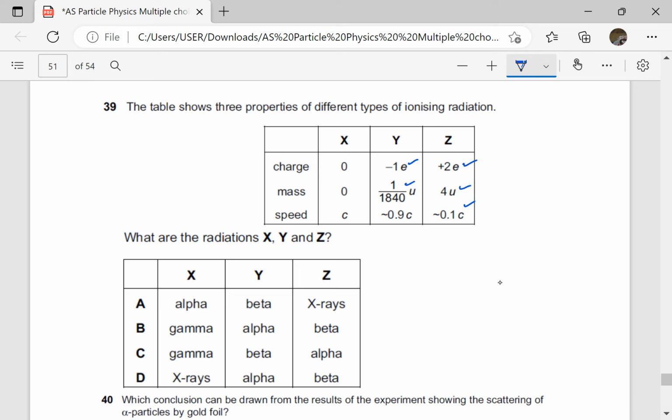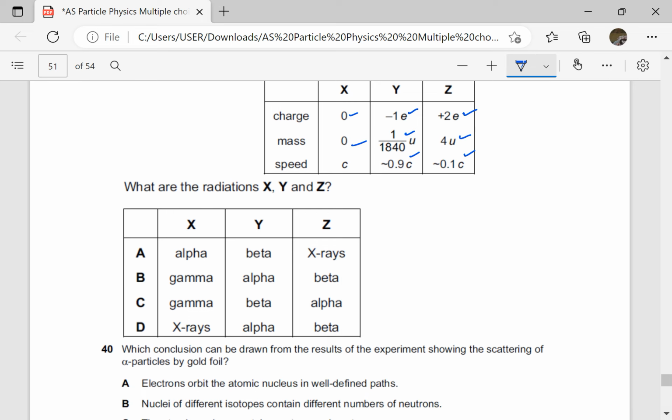This one must be fast moving electrons. This should be gamma radiation. So X is gamma, we eliminate X-rays and alpha. Y is beta, so we eliminate alpha. Z is alpha, we eliminate this one. So the answer is going to be C.